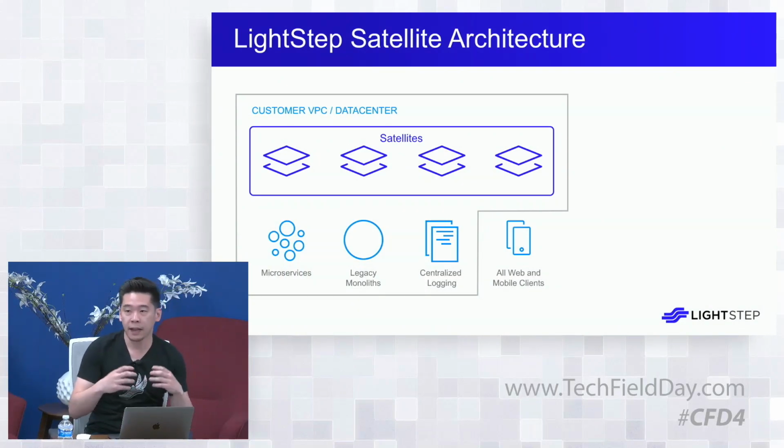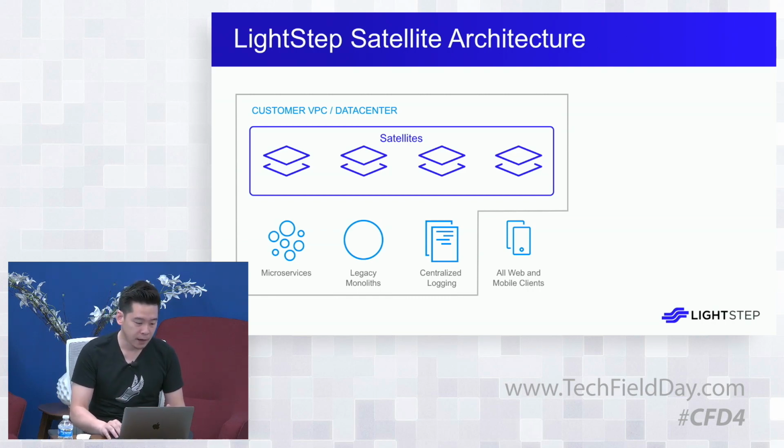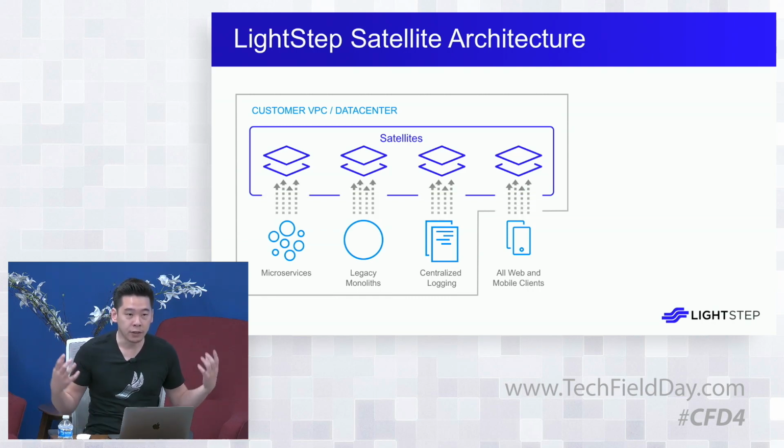Spoons will talk about this in much more detail, but basically our satellite architecture has two parts. They have the satellites themselves, which run within our customer's own environment, VPC, or data center. They're the ones ingesting all of this data that a typical microservices-heavy architecture or any distributed system will generate.